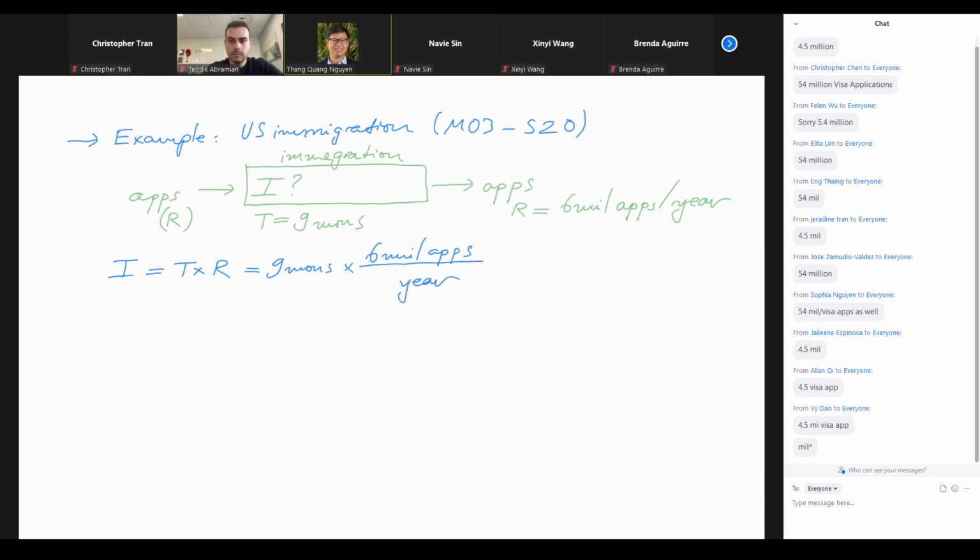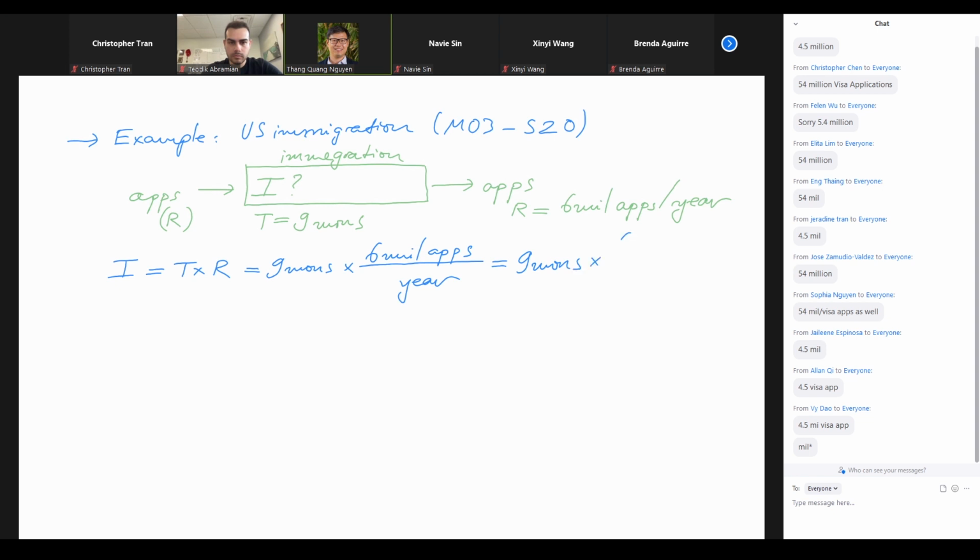But now we see the months and the year, right? They do not work with each other. So we need to convert one into the other. And normally it's easier to convert the bigger one to the smaller one so that we don't have to deal with fractions or decimal numbers, right? So in this case, I will do the following. The 9 months, the same thing.